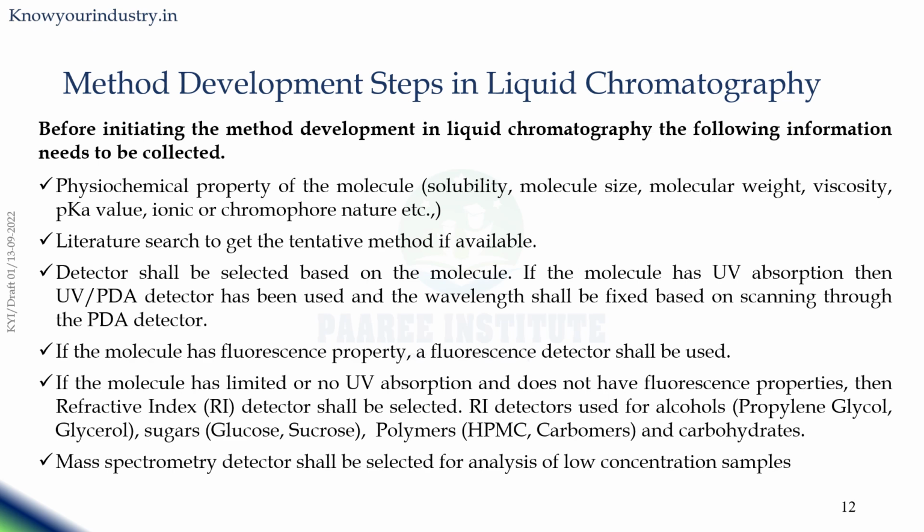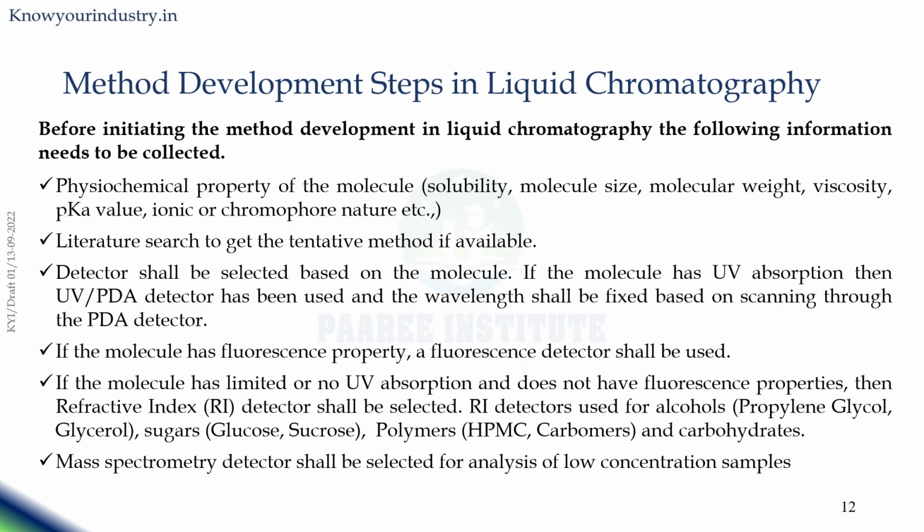Then we have seen the different parts of the HPLC instrument and their functions. Now we are going to see how a method can be developed for a particular molecule using a liquid chromatographic system.